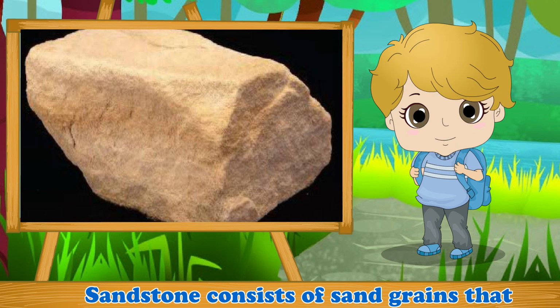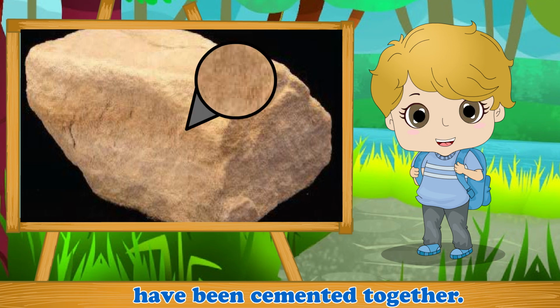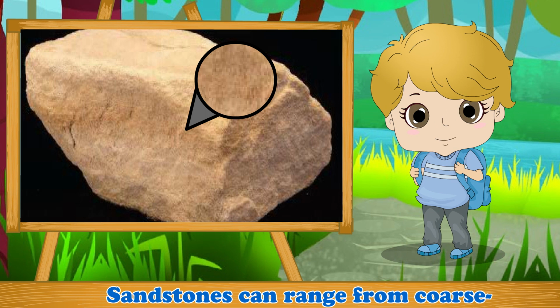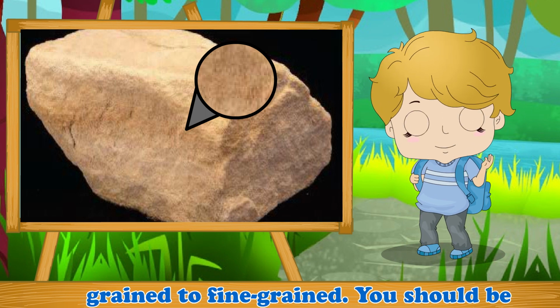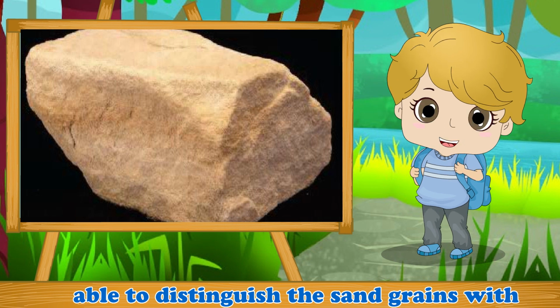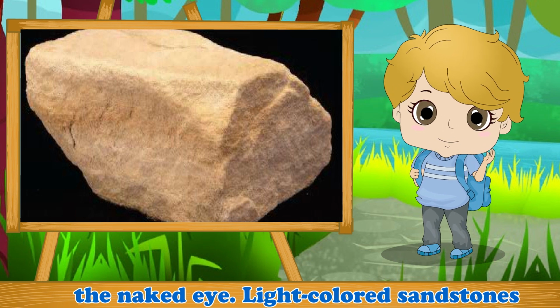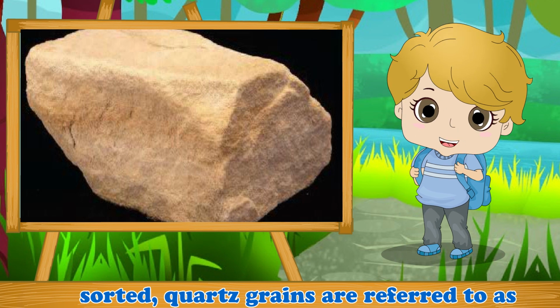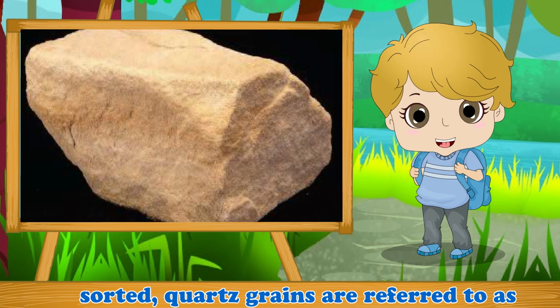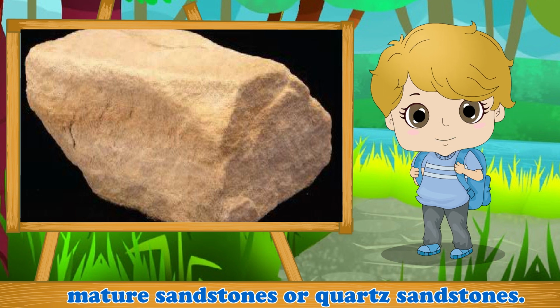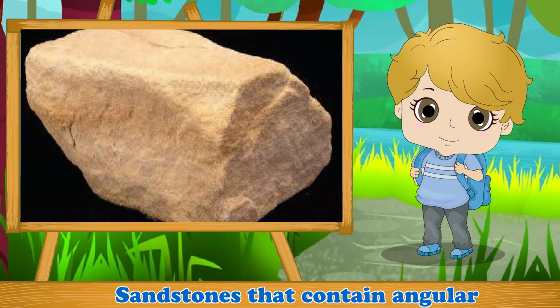Sandstone. Sandstone consists of sand grains that have been cemented together. Sandstones can range from coarse-grained to fine-grained. You should be able to distinguish the sand grains with the naked eye. Light-colored sandstones consisting mainly of rounded, well-sorted quartz grains are referred to as mature sandstones or quartz sandstones.